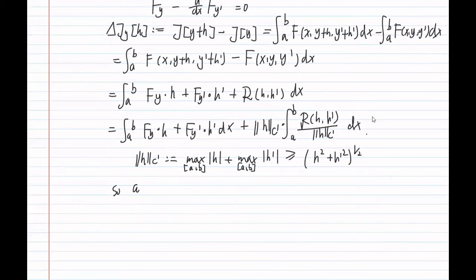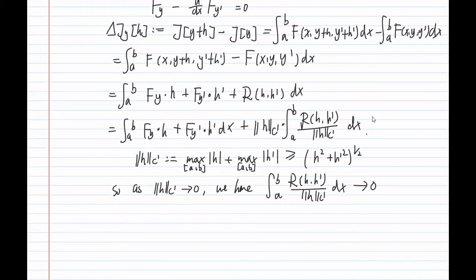So my point is, as the C1 norm of h goes to 0, the integration from a to b of r(h, h prime) divided by the C1 norm of h dx is going to go to 0.